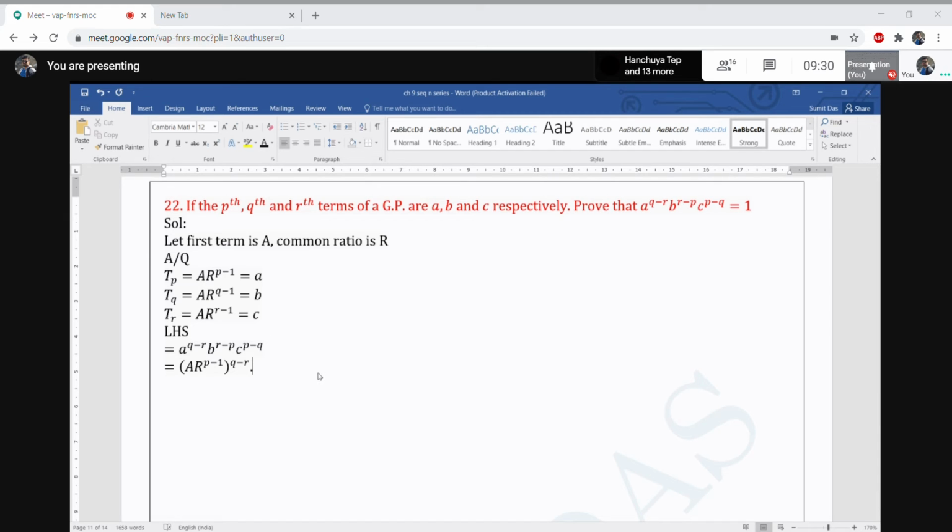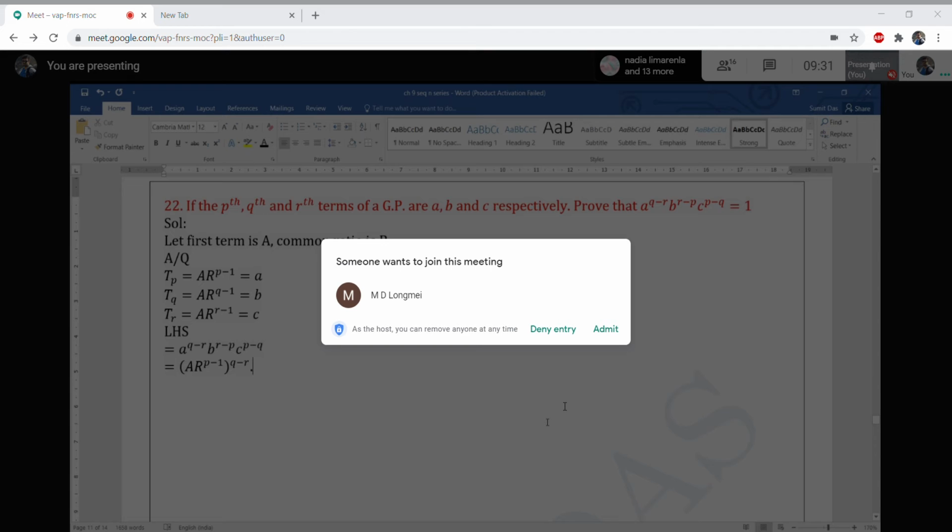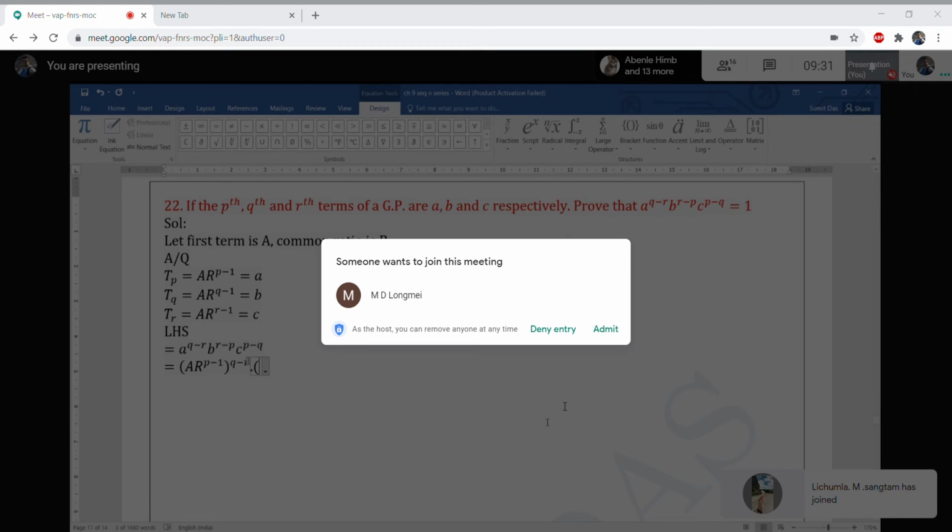Then we have into b to the power, the b value is A R to the power q minus 1, and outside the bracket is r minus p.